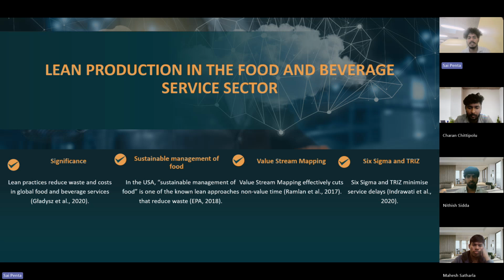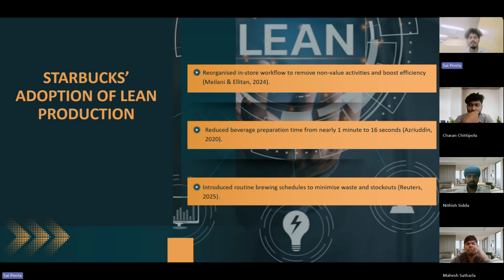Collectively, these studies show that lean methods boost productivity, reduce waste, and increase sustainability in the food and beverage service industry, promoting operational excellence and continuous improvement worldwide. Now, moving on to the next slide, my teammate Nitish will take over the next slides.